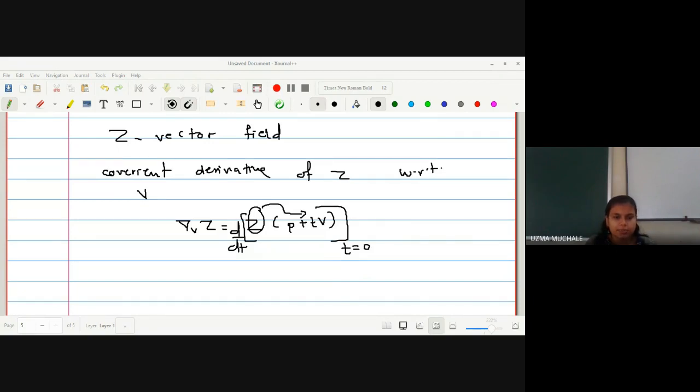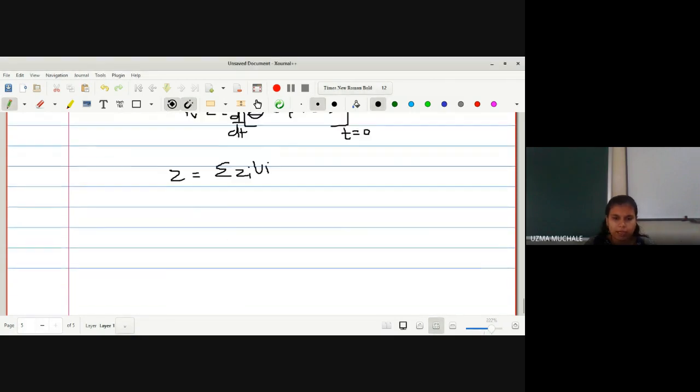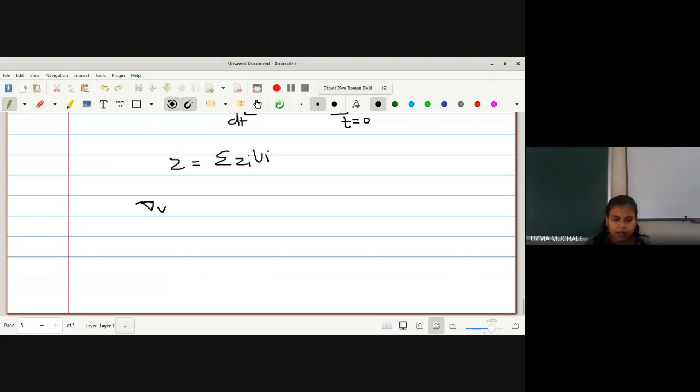Now if z is expressed in terms of some vectors, like z is one vector field, so I can express the vector field in terms of z_i u_i. Okay, I can express it in terms of z_i u_i. So now what will be del_v z? Okay, the covariant derivative of z I can now write down.